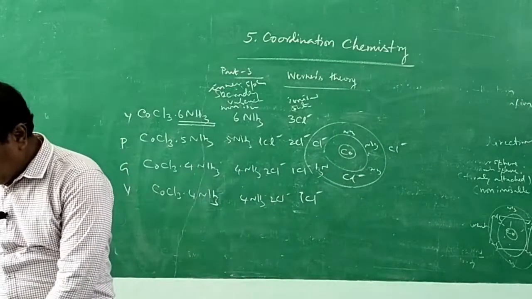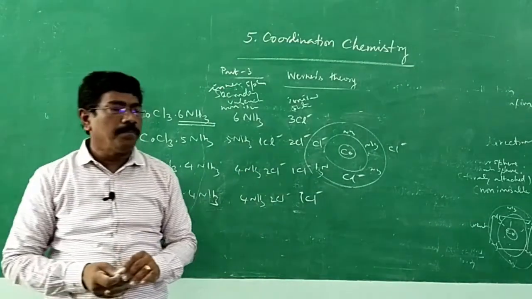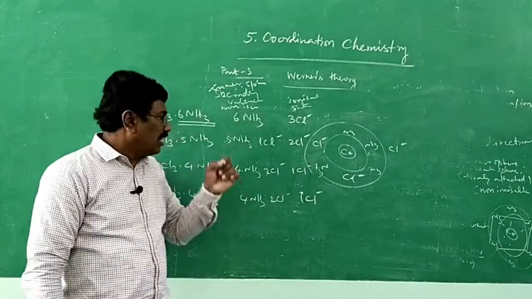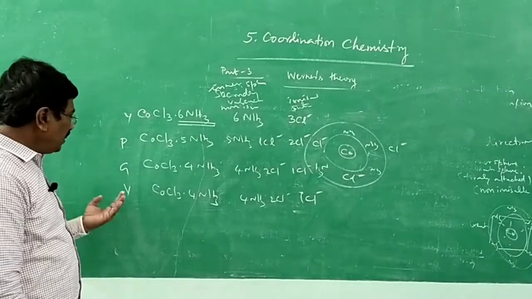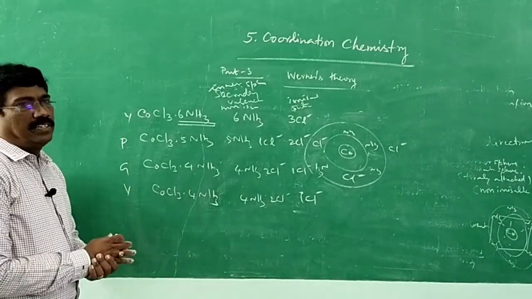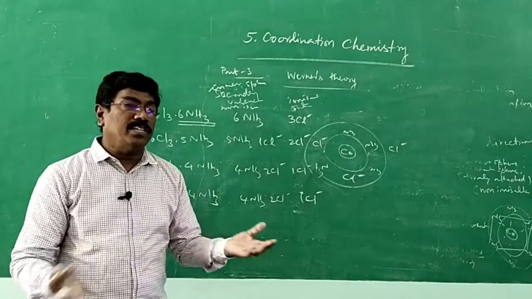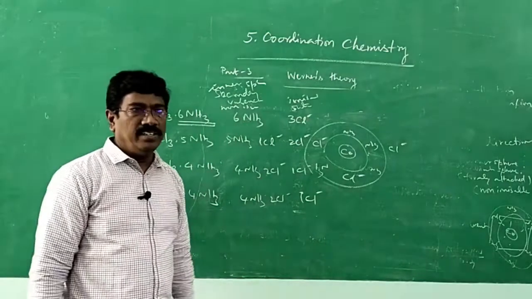Color of the complexes: why do we get these colors, violet, green, purple and yellow? Why? And magnetic properties are also not explained by Werner theory. These are the two drawbacks of Werner theory. All right. Thank you.